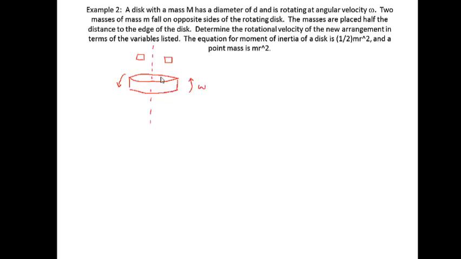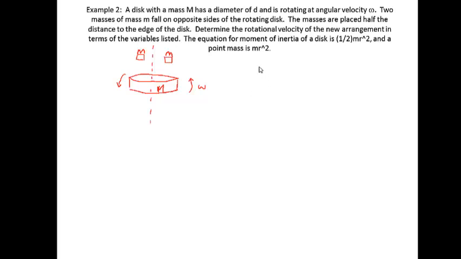So it's horizontally spinning. And these are going to fall halfway between the axis of rotation and the outer edge of the disk. So we're going to see their effect on the angular velocity of this larger disk. The larger disk is mass M. The smaller masses are little m's.